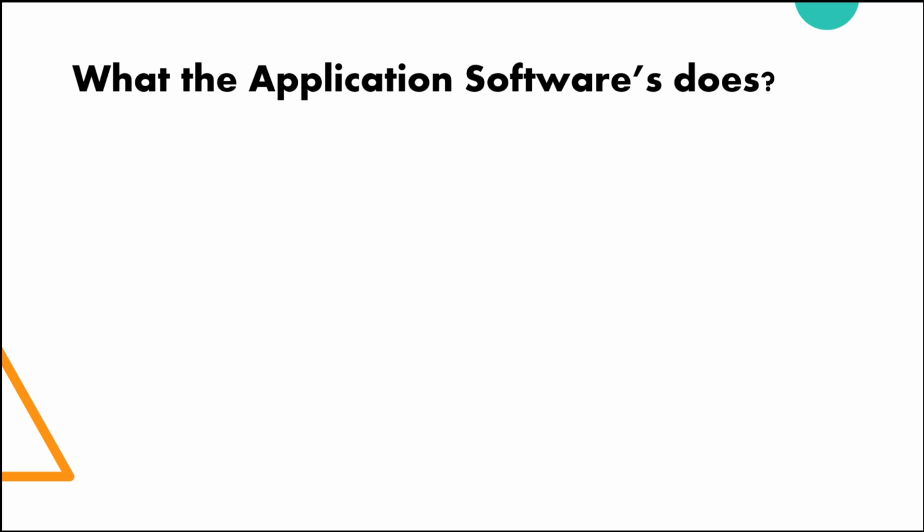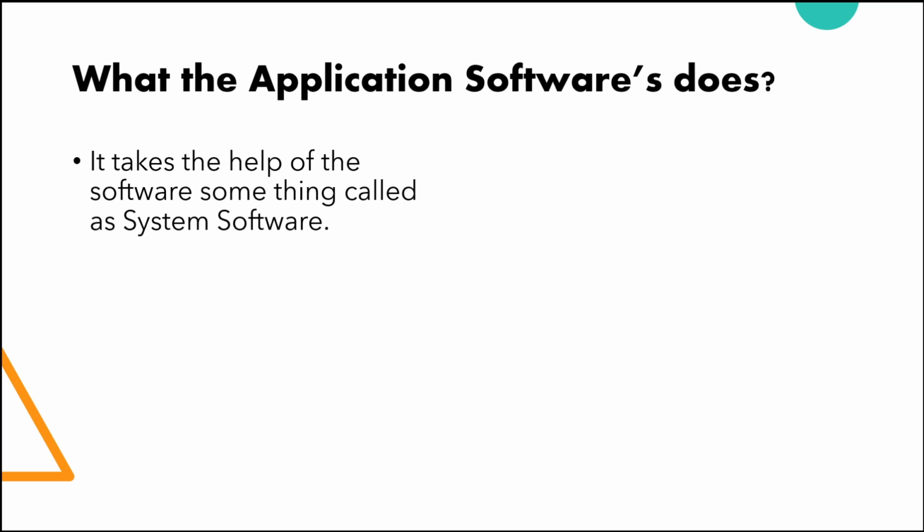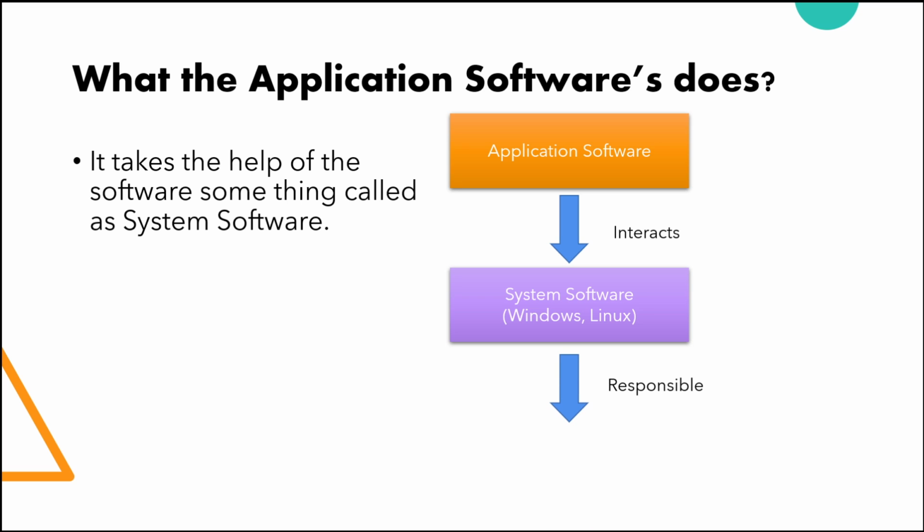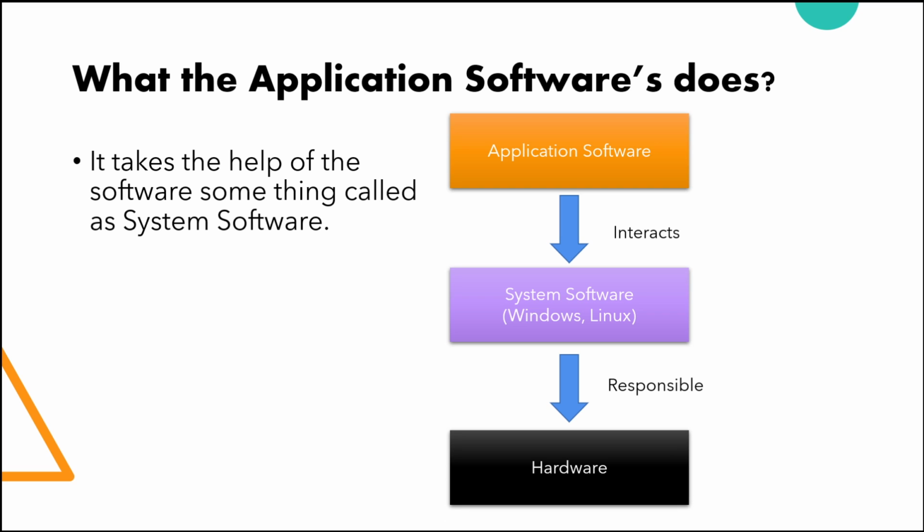The application software takes the help of software called system software. You have application software, and with it you interact with system software, like Windows or Linux. You can take any of them. System software takes responsibility for interacting with the hardware.